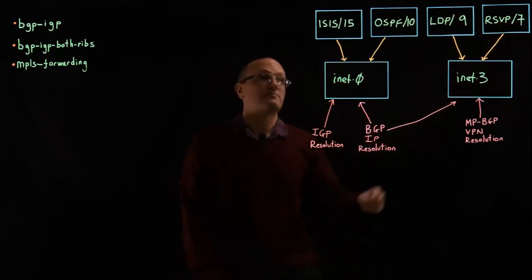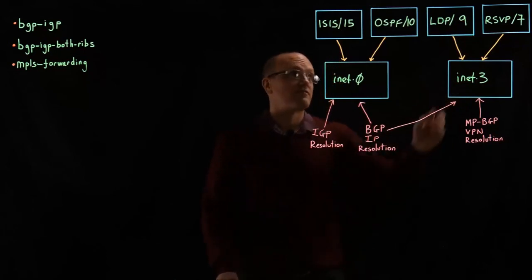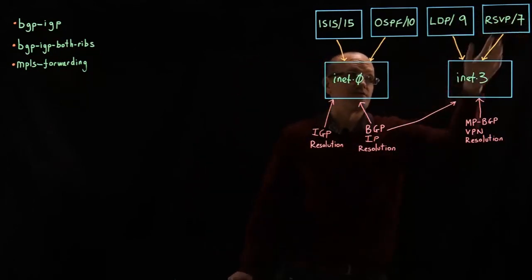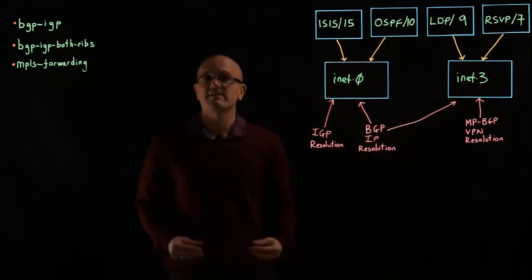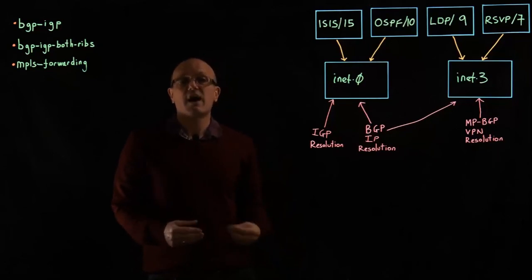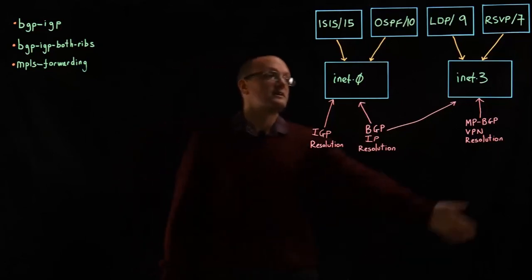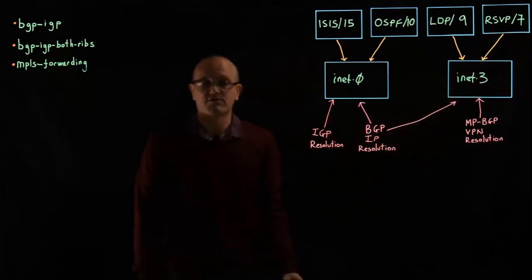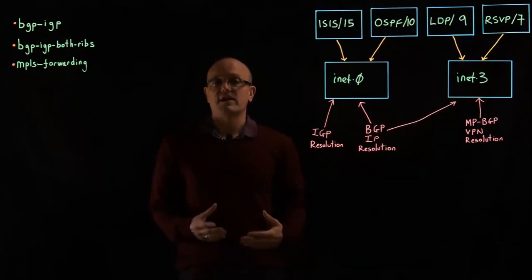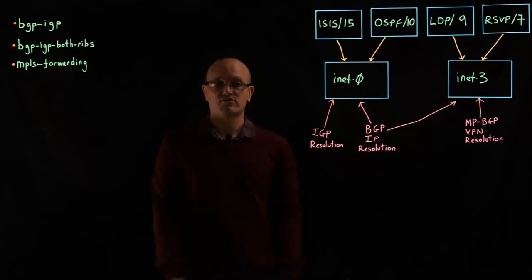LDP is populating with a preference of 9, and RSVP is populating with a route preference of 7. And to get traffic routing through an LSP, the IP endpoint of that LSP needs to be in the inet.3 routing table. So let's have a look now and see how BGP routes get MPLS forwarded.